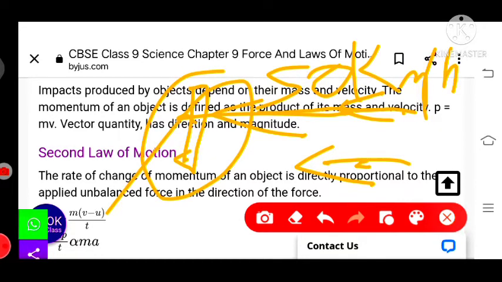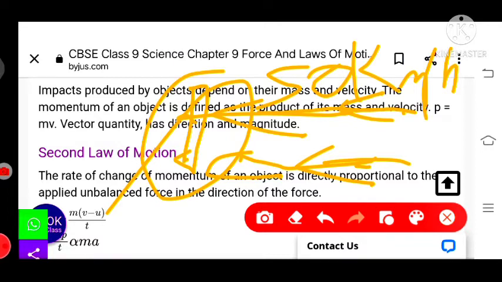The impact is very less. But with the same velocity, if the truck hits this wall, there are chances that the wall will break.